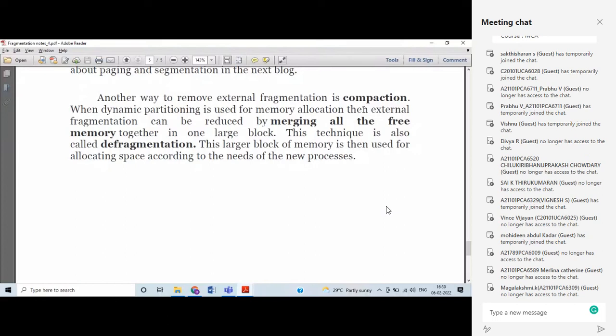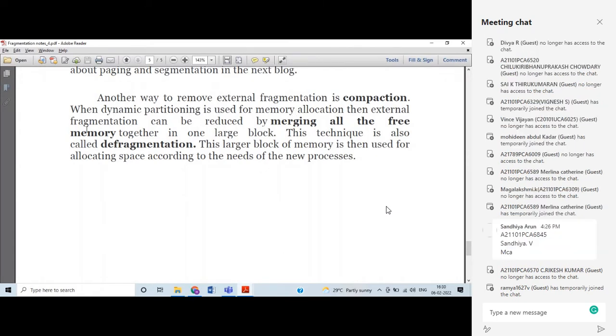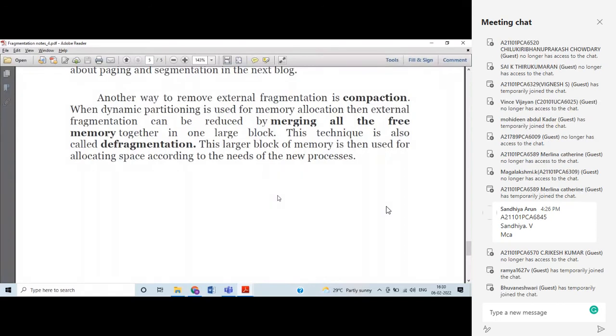Another way to remove the external fragmentation is compaction. What do we mean by compaction? When dynamic partitioning is used for memory allocation, external fragmentation can be reduced by merging all the free memory together in one large block. We will see paging and segmentation in detail in the next slide.